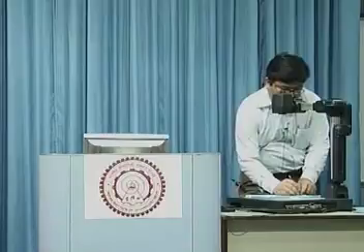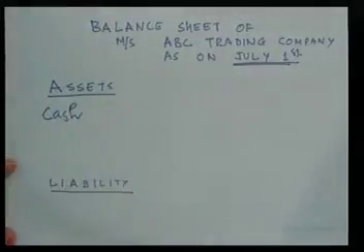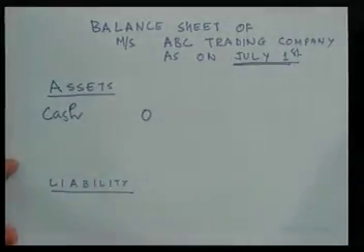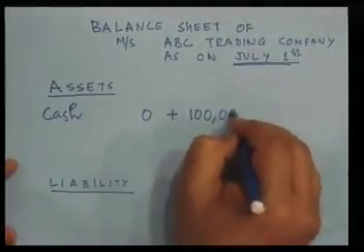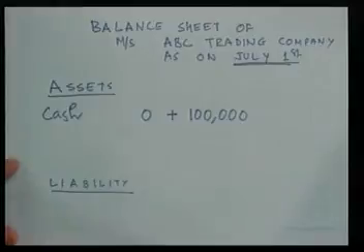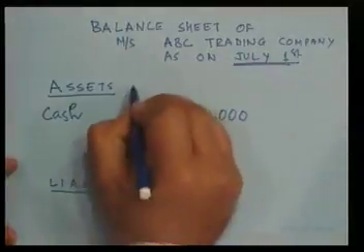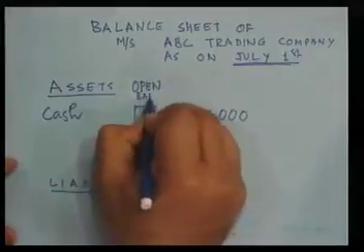The company is owning the cash of 1 lakh. Initially, the cash available with the company was 0, and from 0 it has been increased to 100,000. This is also sometimes known as opening balance.